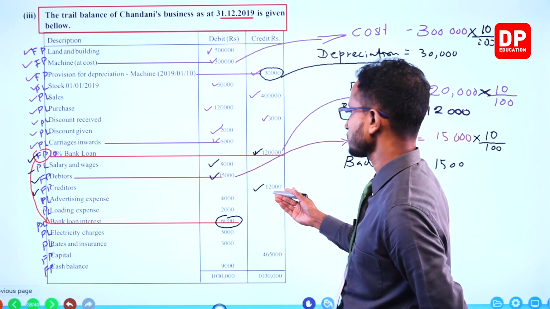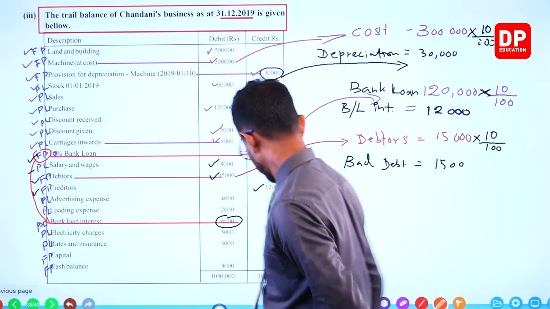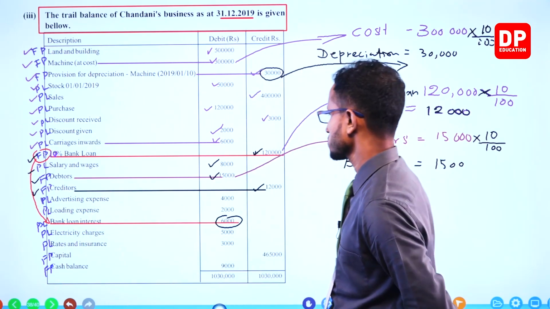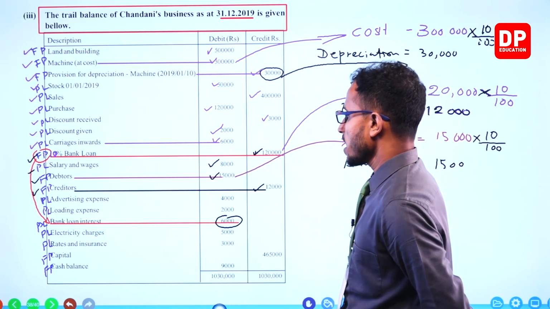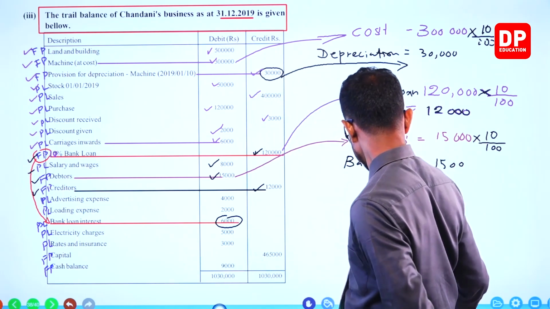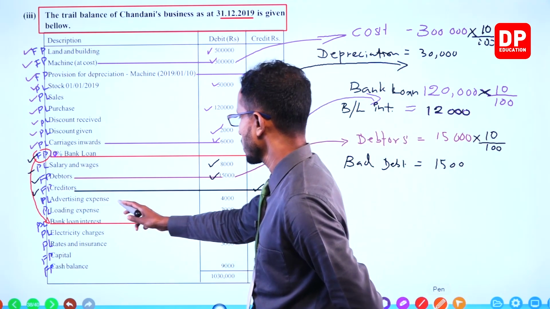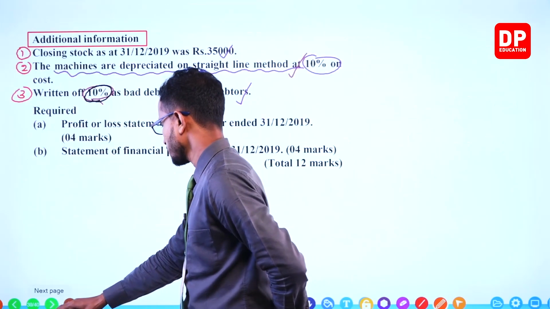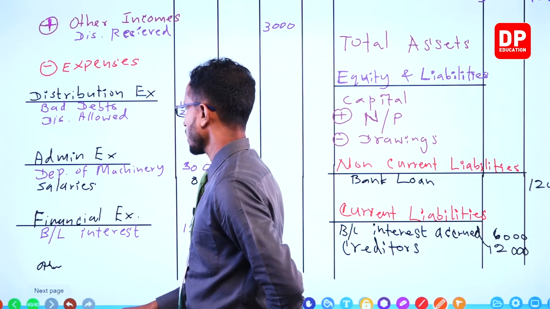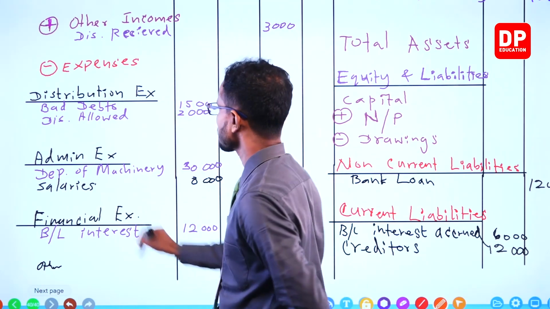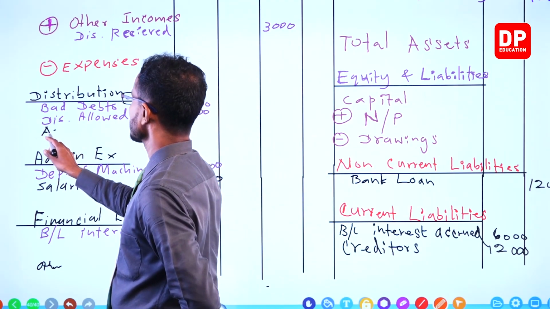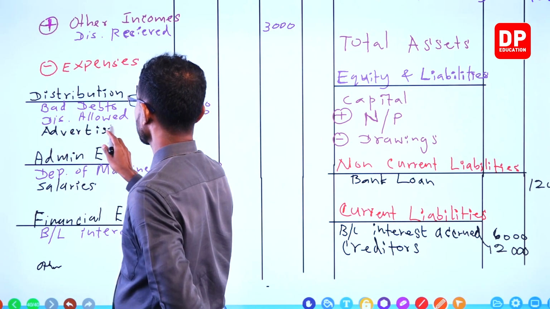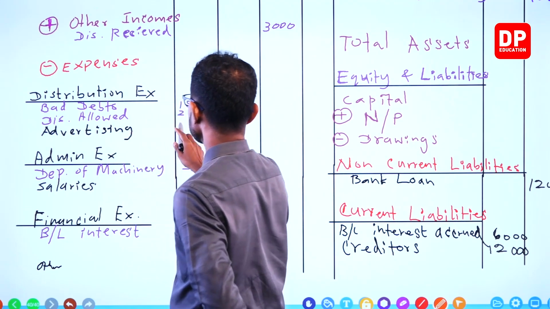Creditors also ticked. Advertising expenses 4,000. Take it to the P&L under distribution expenses. Advertising 4,000.